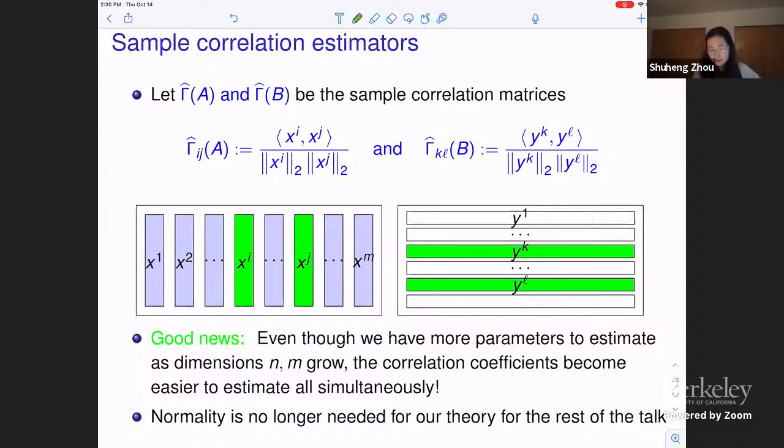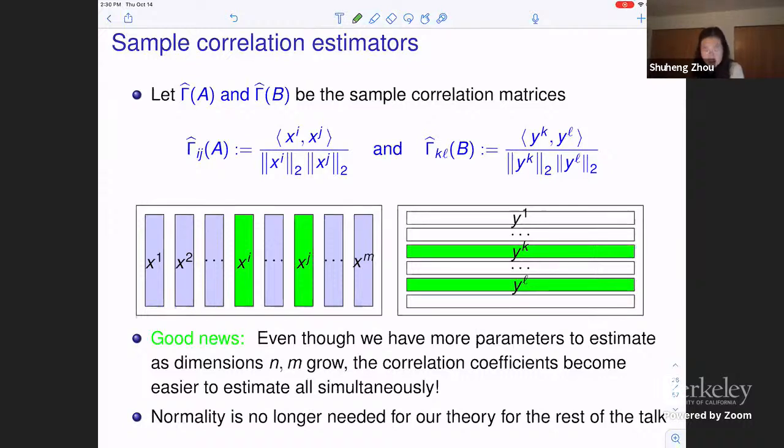And similarly, if I want to estimate B, I will take any 2 rows, and I compute a Pearson correlation between the 2 rows. So in the gene expression data, this would correspond to 2 of the people in the study, whether they are healthy or not.